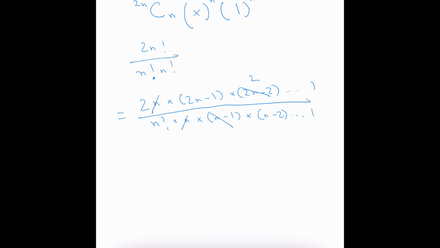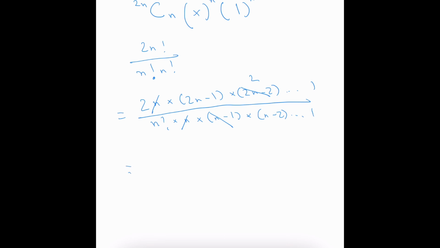In this way, we can go on cancelling all the terms of n factorial with all the even terms in 2n factorial, and we will get 2 each time. Since there are 2n total terms, there are n even terms, which means that we will get 2 n times. So it will be a total of 2 to the power n.